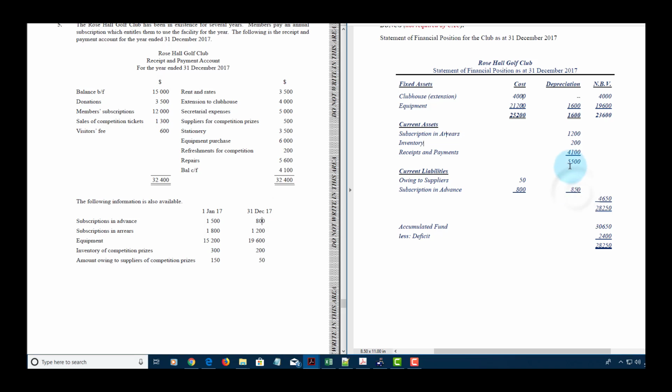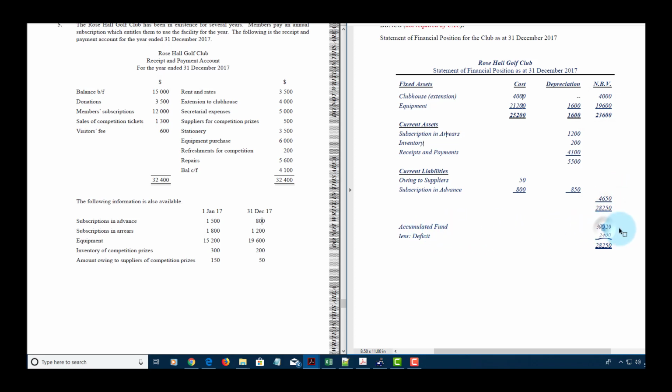Subtract that $850 from the $5,500, and that gives us a working capital or a net current assets of $4,650. You add that figure to the total of your fixed asset net book value, and you get $28,250.